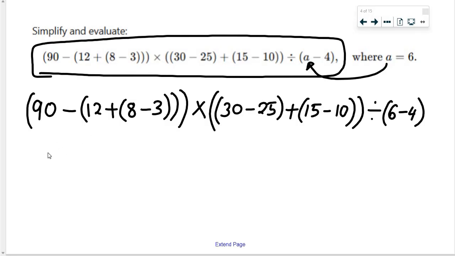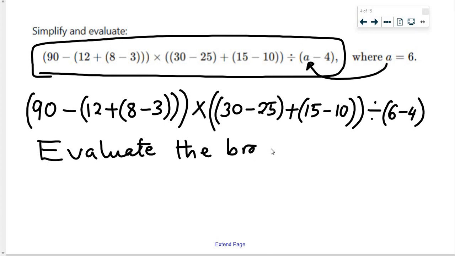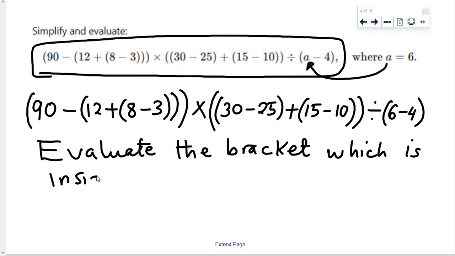So here we evaluate the bracket which is inside the other. So we have to start with the bracket which is inside the other.